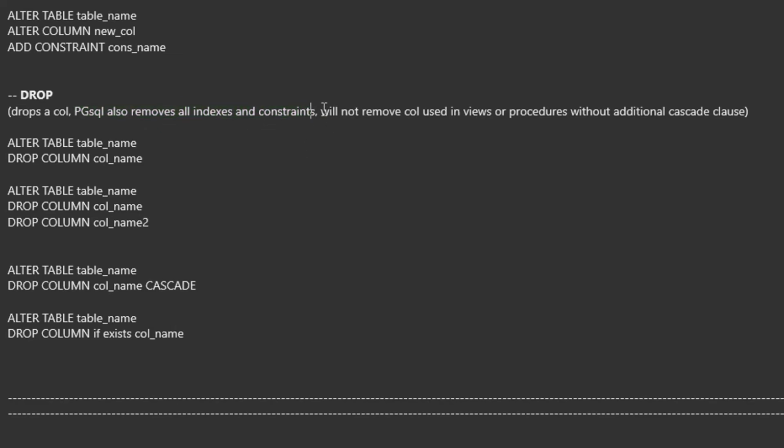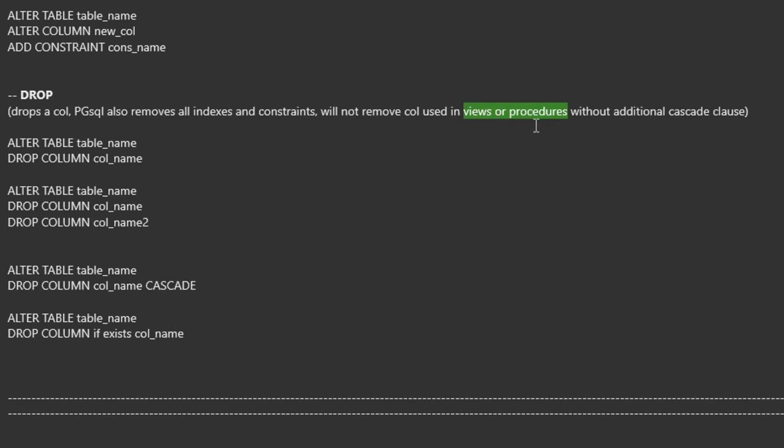But remember, it will not remove the column used in the views or procedures without an additional cascade clause. I understand this might be slightly confusing because so far within this playlist we have not covered views or procedures. But just try to understand that they are like a logical replica of the table or the information within the table. And going forward within this tutorial, we will see in detail what they are.